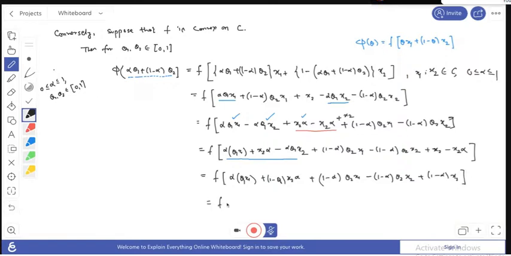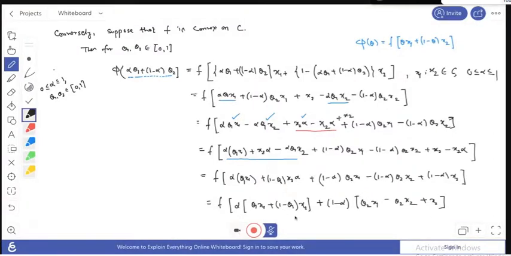So this equals f of, this is 1 minus theta and this is alpha. If we take alpha common from these two, this equals theta 1 x1 plus 1 minus theta 1 x2 with alpha common. Plus similarly, if we take 1 minus alpha common, it becomes theta 2 x1 minus theta 2 x2, and here plus x2.